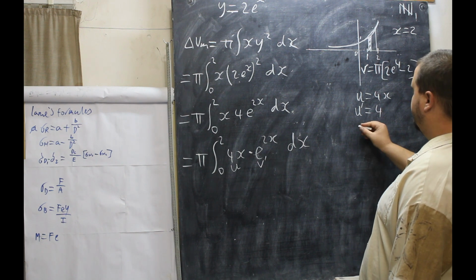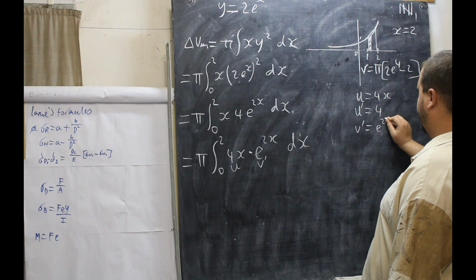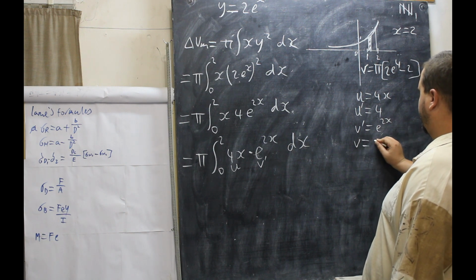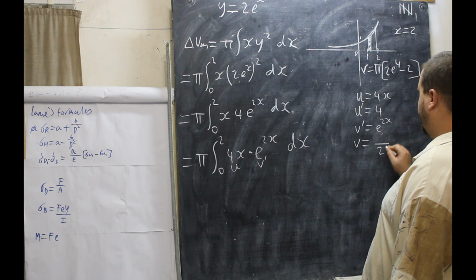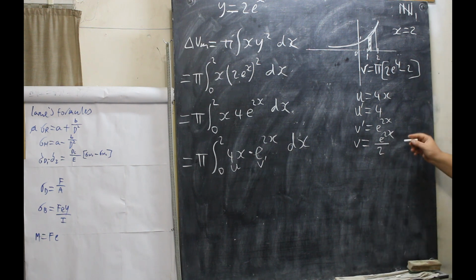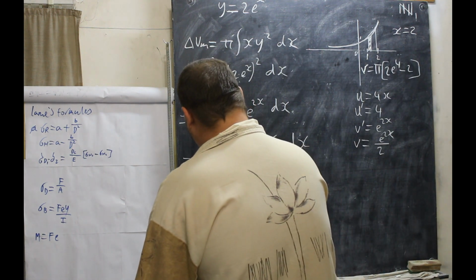Now what we need to do is take v prime is equal to e to the 2x and v will be e to the 2x over 2. My mistake.